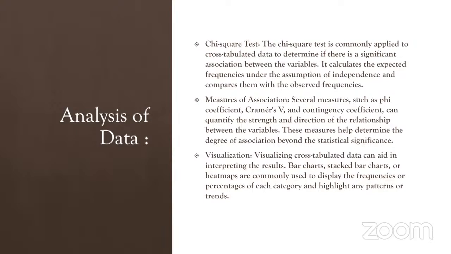And besides the chi-square test, you can do the phi or Cramer's phi or contingency coefficient. This is possible by using the formula. And data visualization, bar chart, stack bar chart, etc. that you can show. I have shown you the bar chart.